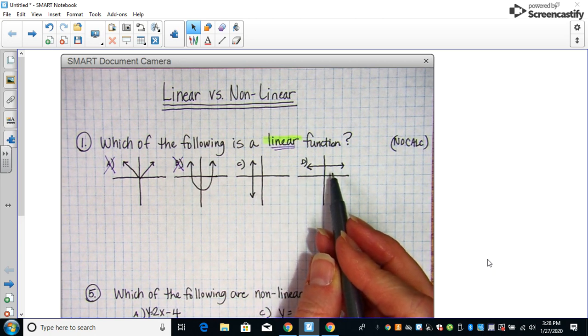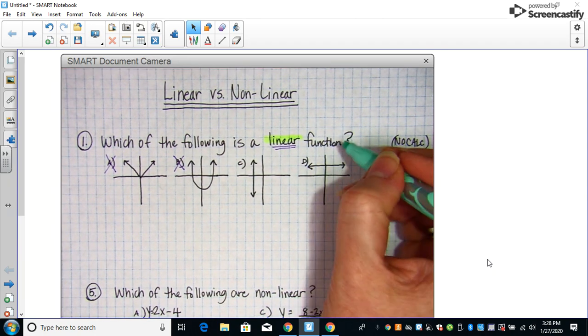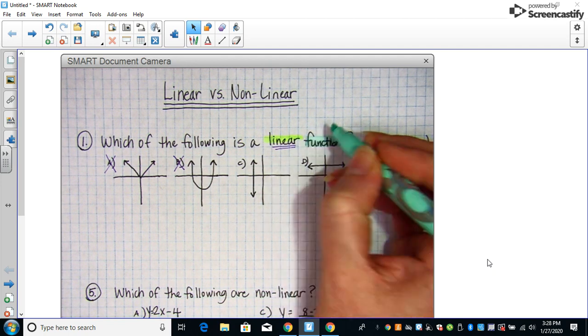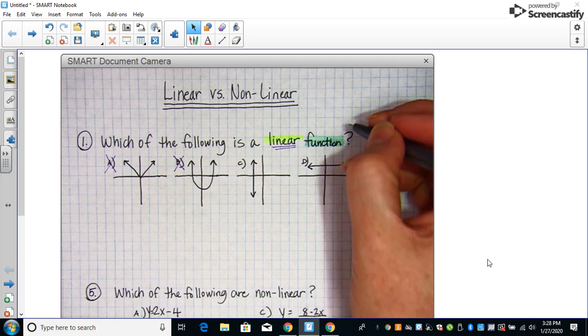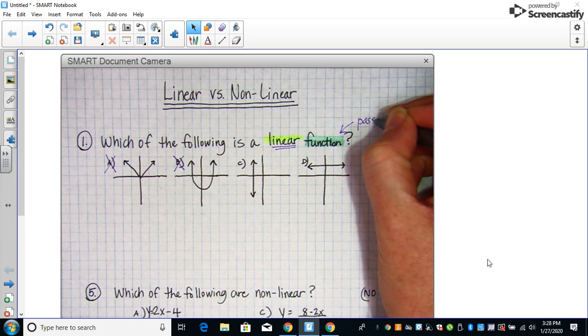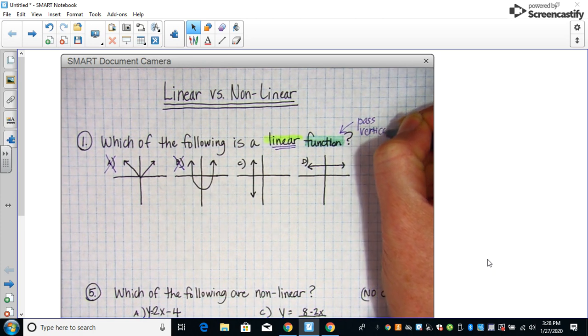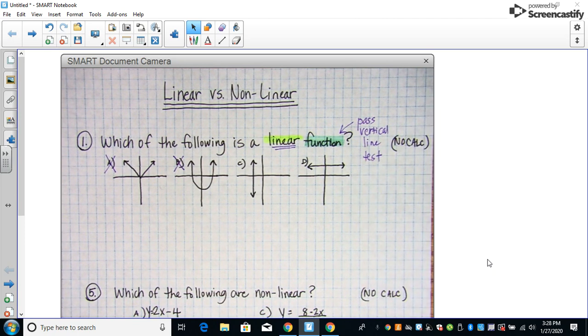What about D? Well, the issue here is this word, linear function. So they've thrown in two concepts in one question. If you remember, a function has to pass the vertical line test. And in order to pass the vertical line test, it can only touch in one spot.